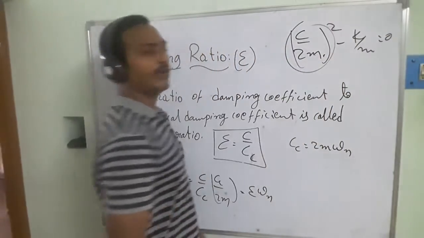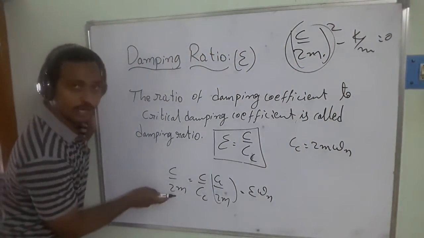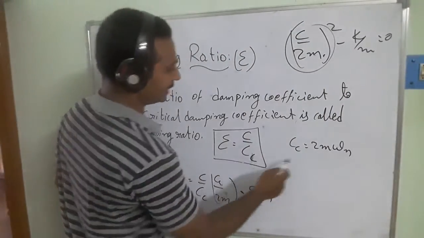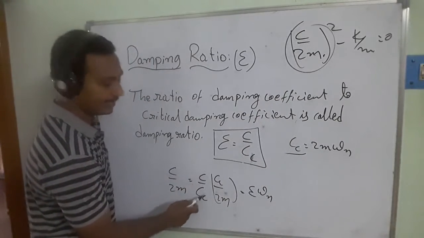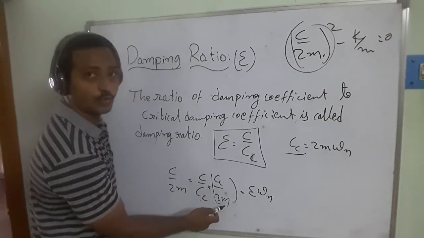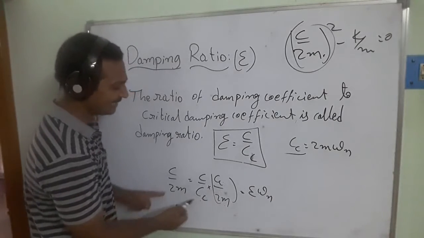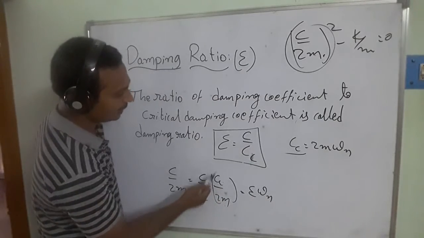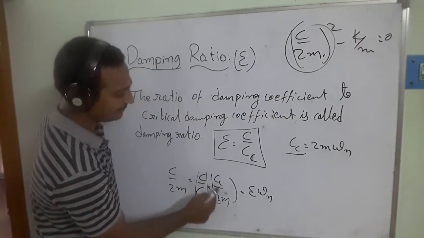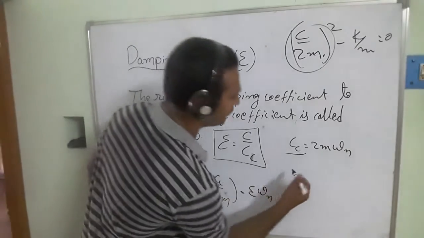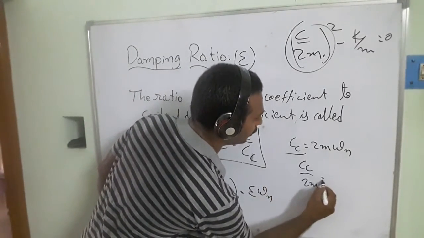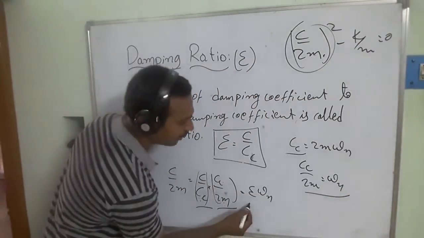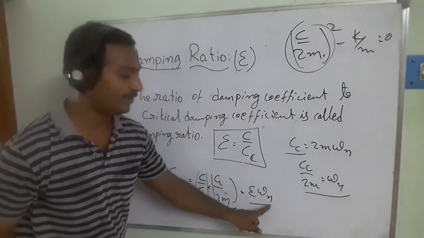I modify it: c by 2m is equal to c by cc into cc by 2m, multiplying and dividing by the critical damping coefficient. Then cc cancels. As we know, c by cc is epsilon, and cc by 2m is equal to omega n. Simplifying these parameters, we get epsilon into the natural frequency of the system.